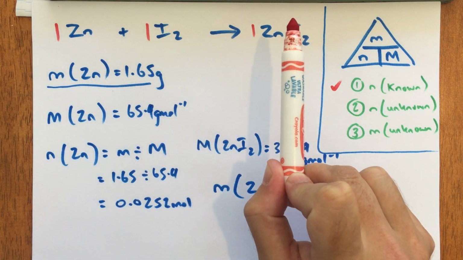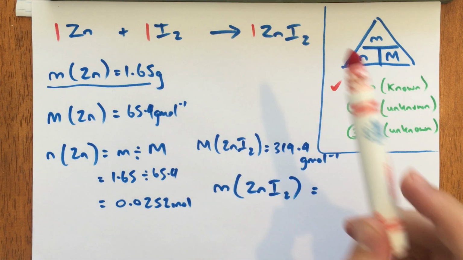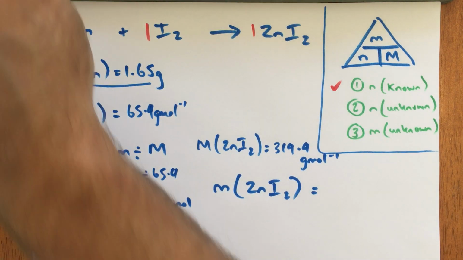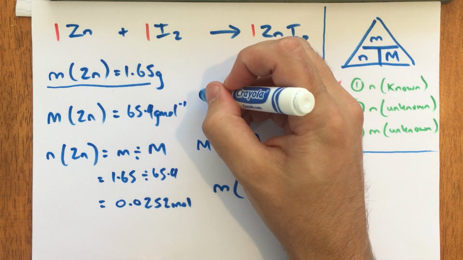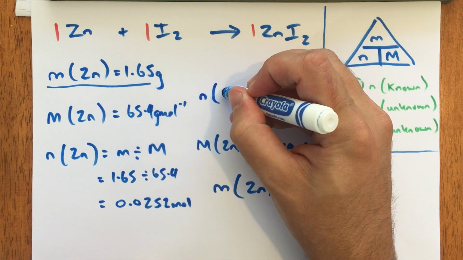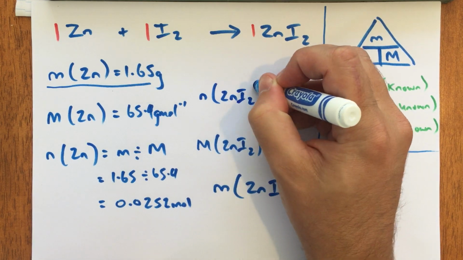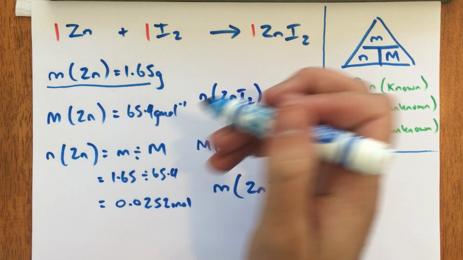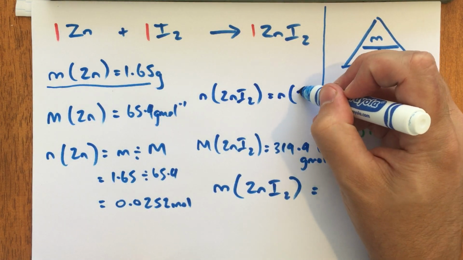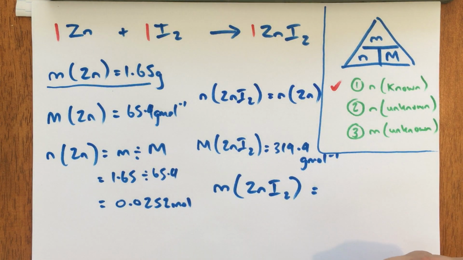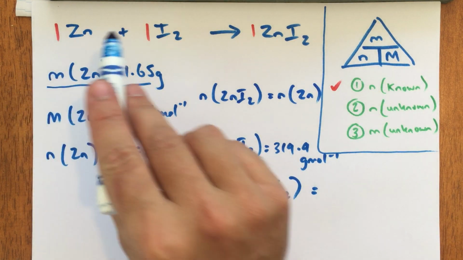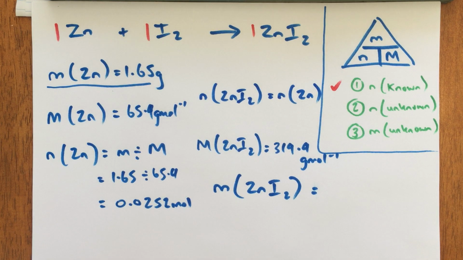0.0252 would produce 0.0252. So my number of moles of zinc iodide, my unknown, is in this case going to be exactly the same as my number of moles of zinc, my known, because they are in a 1-to-1 ratio.